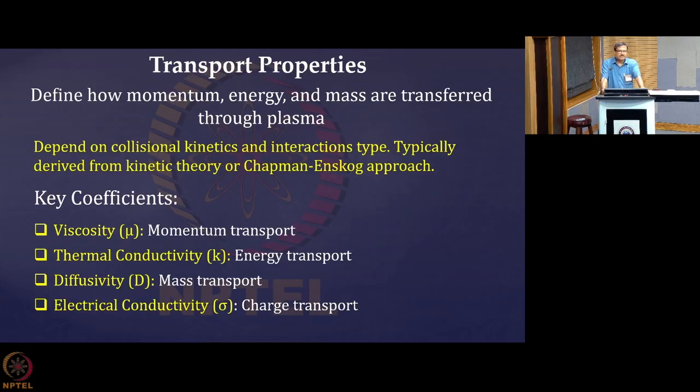So once you know the potential through which they are interacting and the collisional kinetics, you know the collision cross sections and collision integrals, then you can take the help of kinetic theory and the Chapman-Enskog approach to find the transport properties. Those things we have discussed well in our classes. So basically they depend on the collision kinetics and the interaction type.